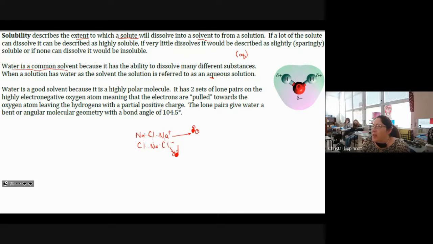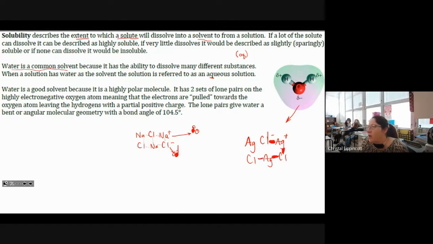If that's not the case, if this is stronger, for example, if we had a situation like this, when water comes along for this guy, we've got these ions here. These are going to be more strongly attracted to one another than the water.